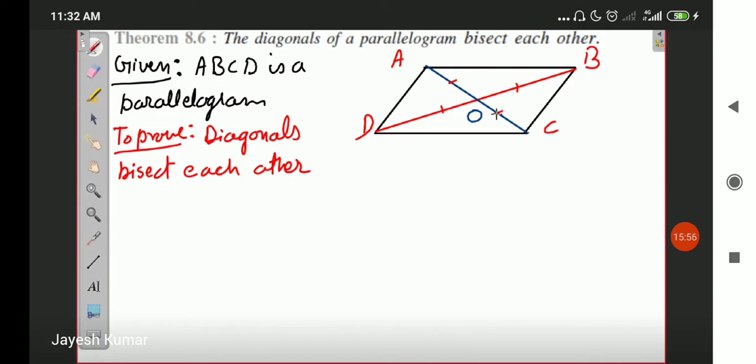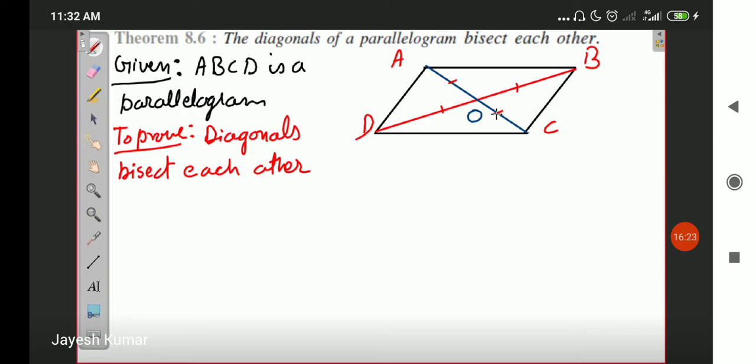Okay, so students, let me give you a clear picture. If in a parallelogram you need to prove something relating to its sides or its angles, then in that case you only need one diagonal of the parallelogram.